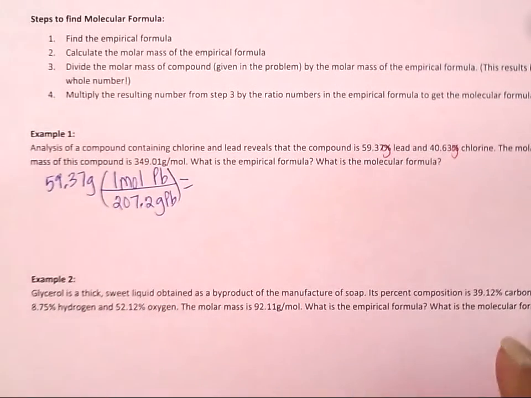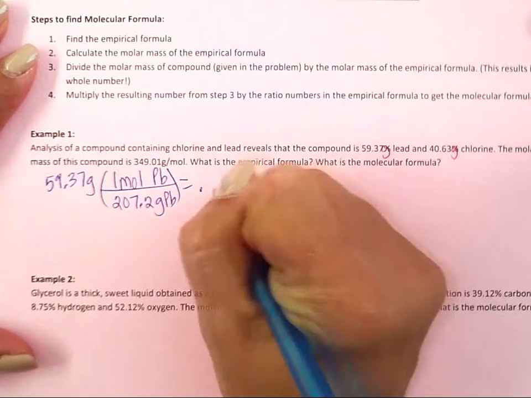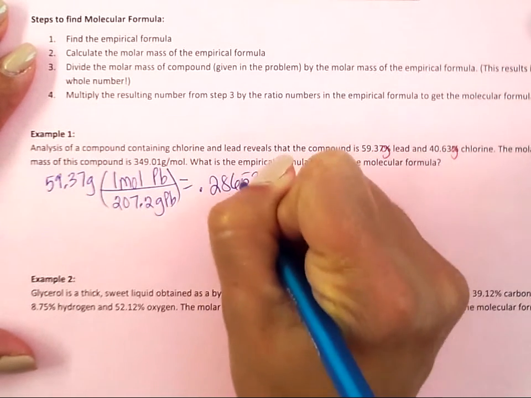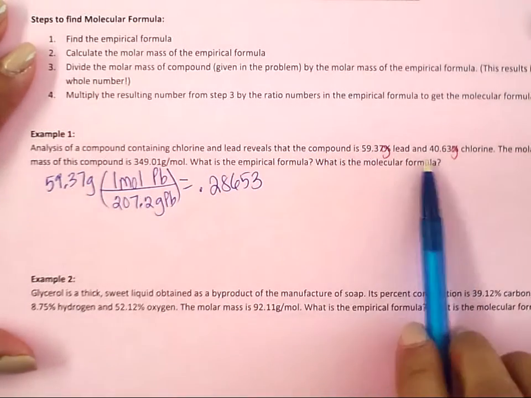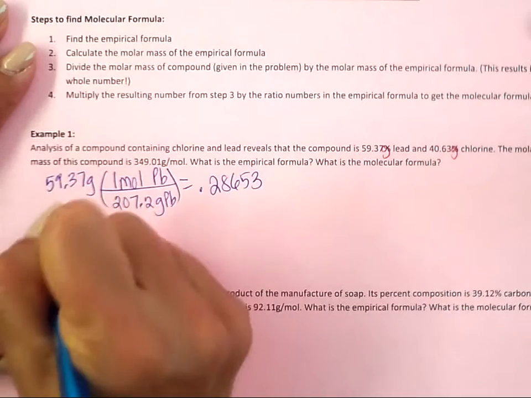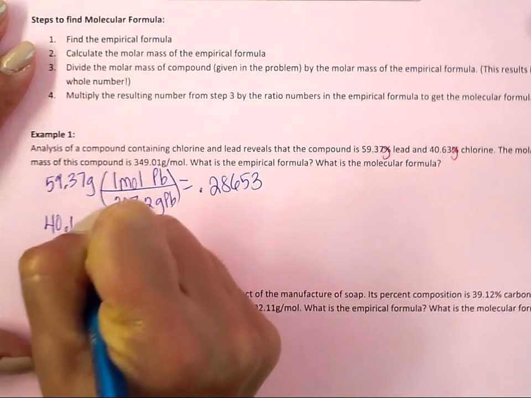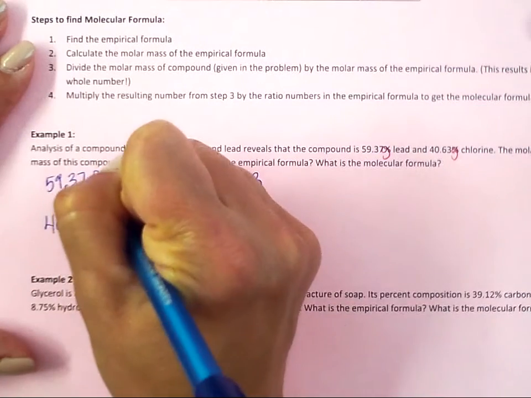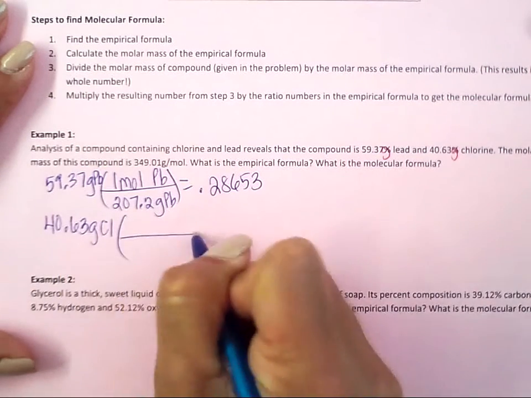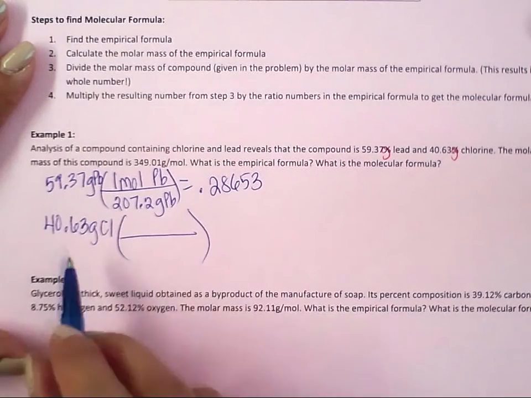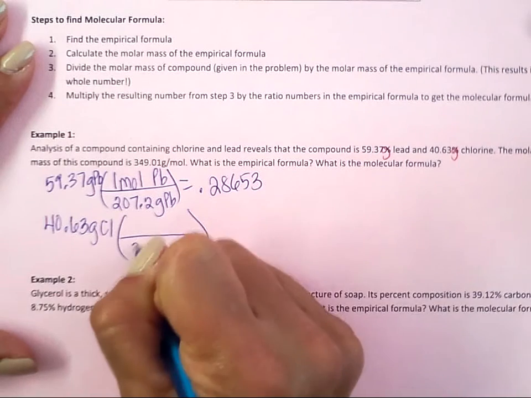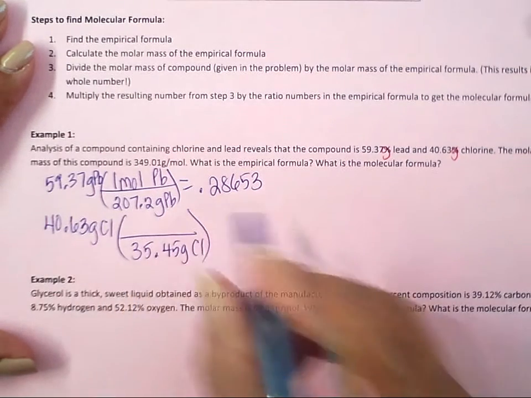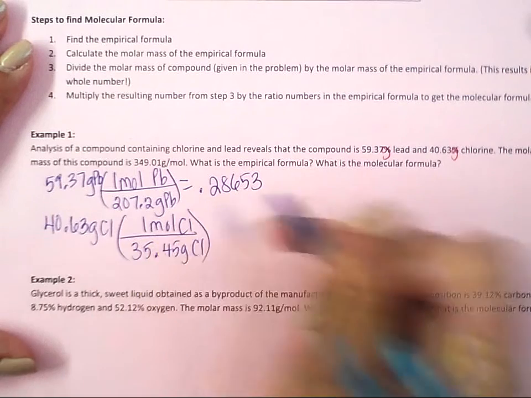You're going to do the math, and by the way, I'm not reducing this answer. I'm just going to write the whole thing out. I'm going to take the 40.63 grams of chlorine, and by the way, that top one was lead. We're going to convert this to moles, and when I look up chlorine on the periodic table, 35.45 grams of chlorine is 1 mole of chlorine.